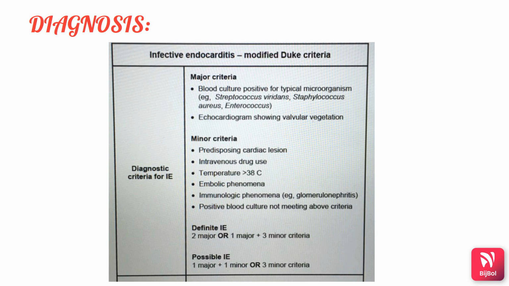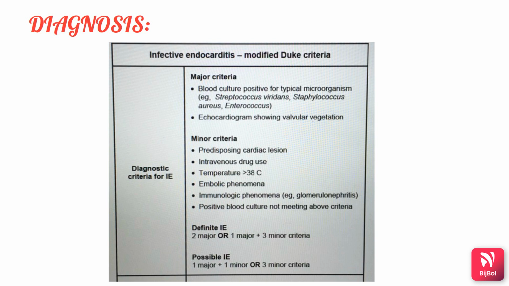Minor criteria include predisposing valvular or cardiac abnormality, IV drug misuse, pyrexia with a temperature of more than or equal to 38 degrees Celsius, embolic phenomenon, vasculitic phenomenon, blood culture suggestive of organism growing but not achieving major criteria, and suggestive echocardiographic findings.